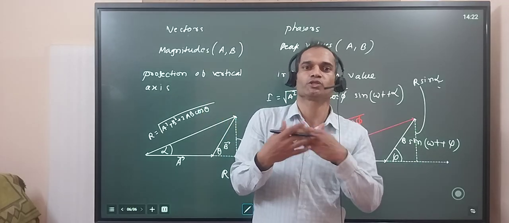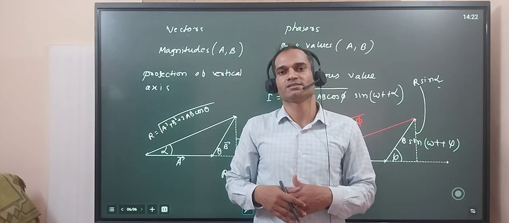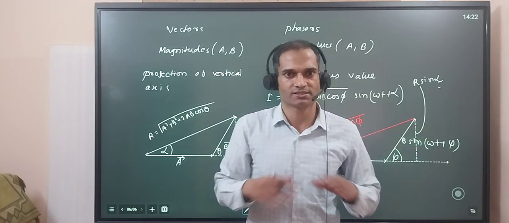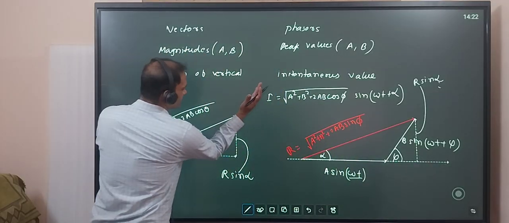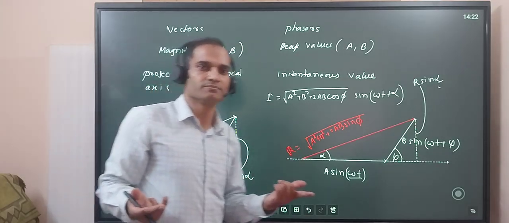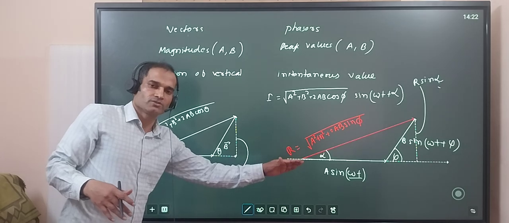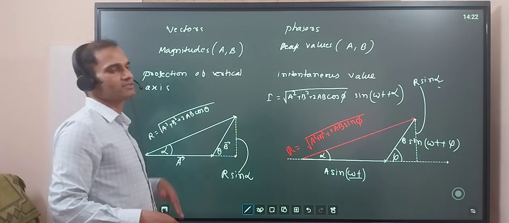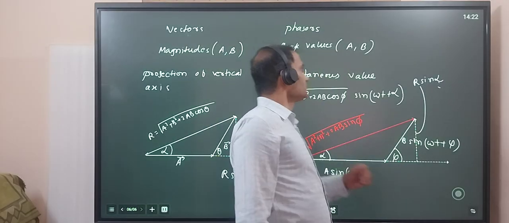Their projections on the vertical axis and on the horizontal axis will be different. If you turn these two vectors, the resultant will be the same, but the projection on the vertical axis will be different. Here it is the same case.